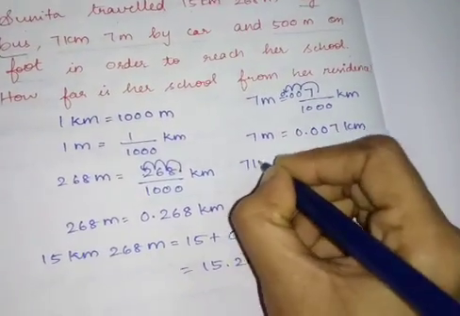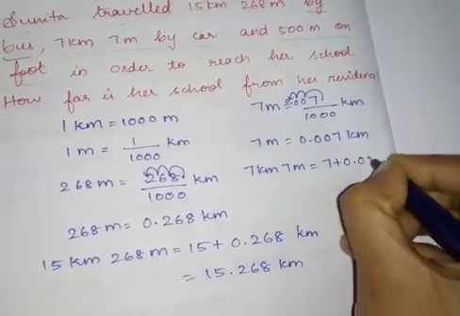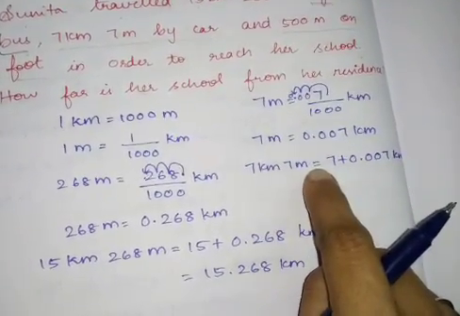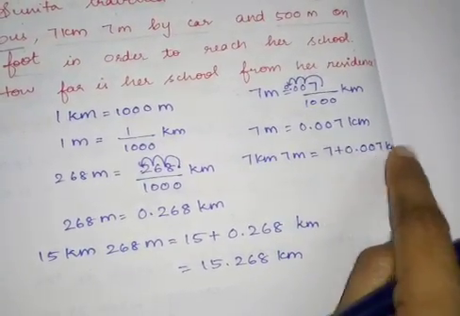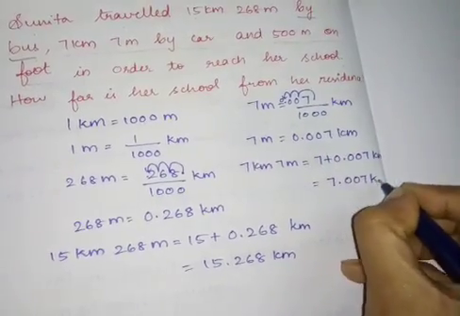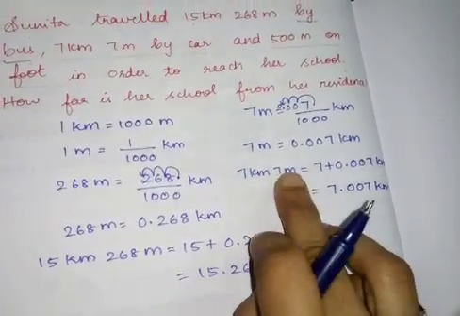Now 7 kilometers 7 meters is equal to 7 plus 0.007 kilometers, which is nothing but 7.007 kilometers.